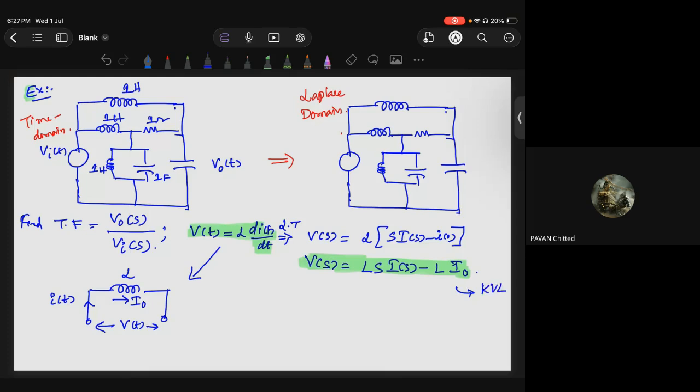This is KVL. Usually, given a mesh or loop, we write the KVL equation. Now a KVL equation is given to us, so let us write down the circuit itself. That circuit could be written like this, which satisfies this equation.